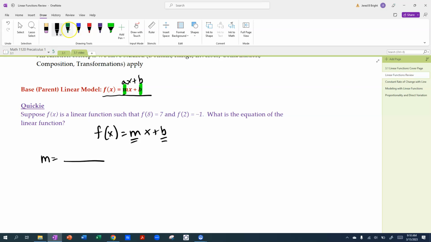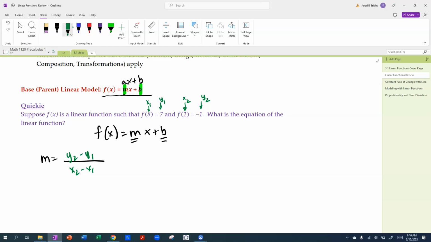Before we go too far, each of these is an x value. Whatever we put in is an x, and then what we get out is a y. So I'm going to do y2 minus y1 over x2 minus x1. Now, which one's 1 and which one's 2? Doesn't matter as long as you're consistent. So let's call this 2 and then these ones 1.